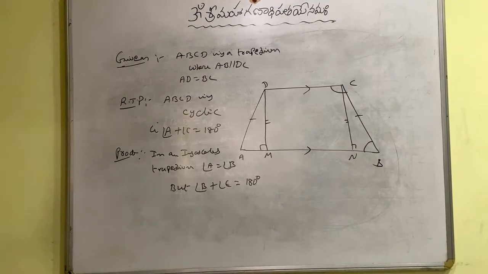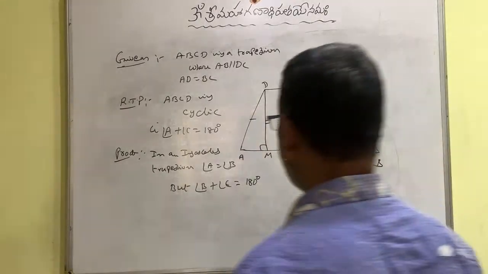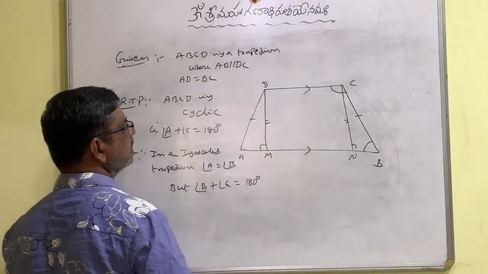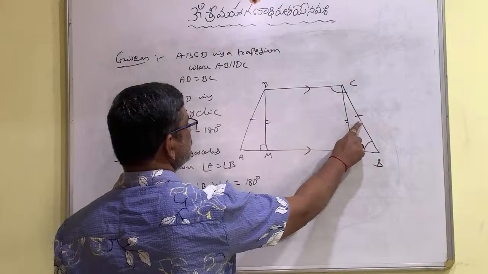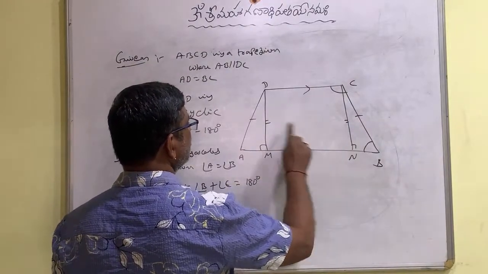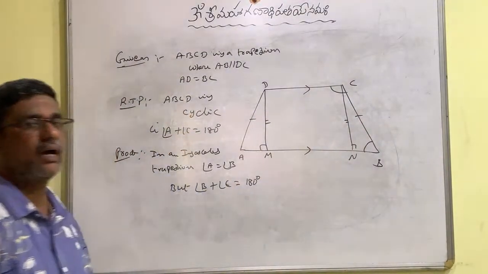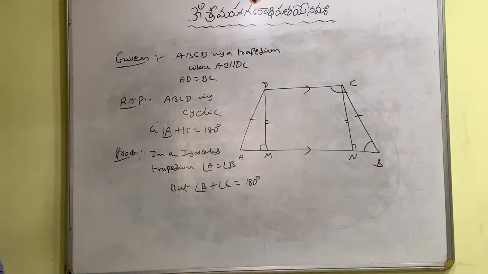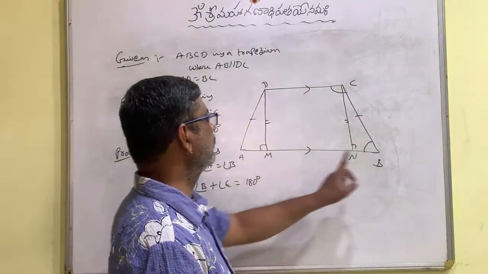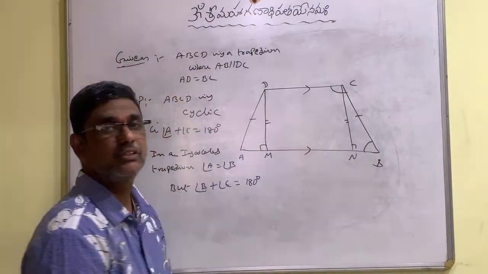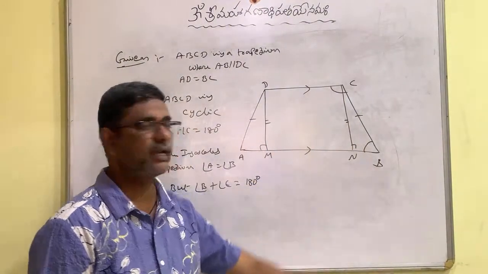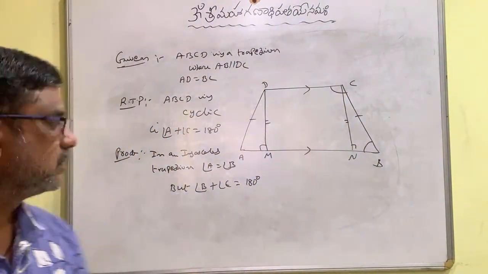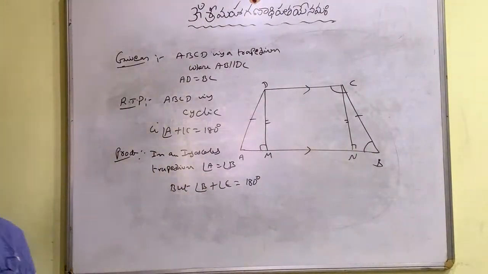ASA, Meghana. RHS congruency. RHS congruency: hypotenuse, right angle, and a side. By RHS congruency, triangle ADM is congruent to BCN. By CPCT, angle A is equal to angle B. So in that way, angle A is equal to angle B.